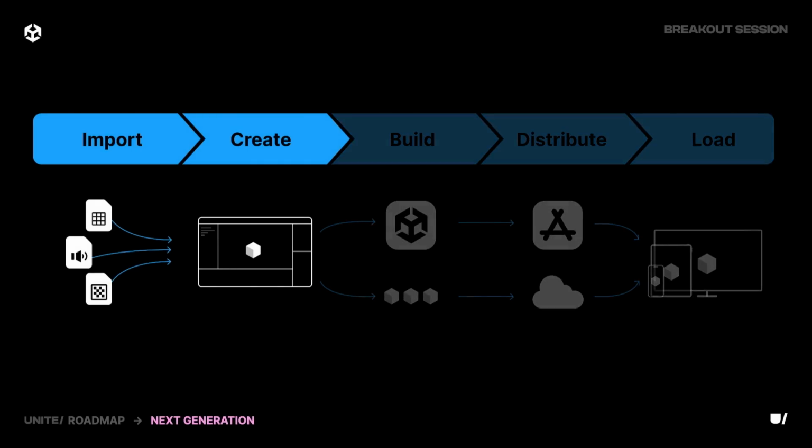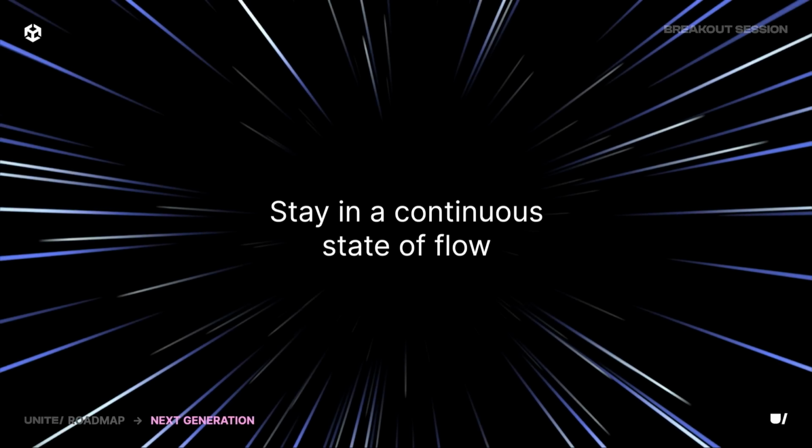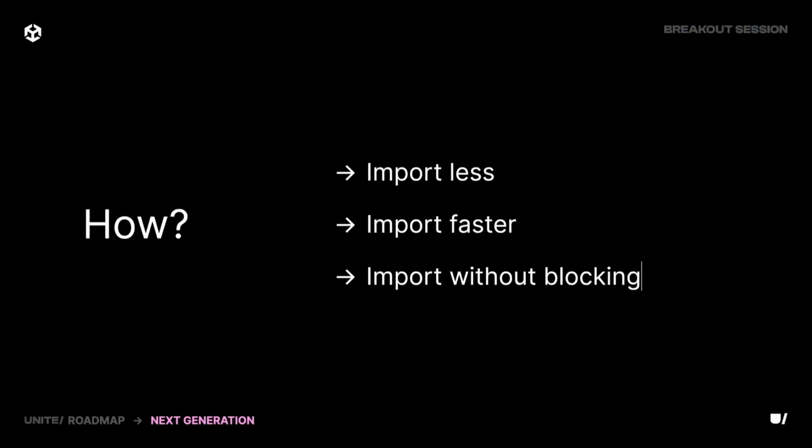Today, we're going to share one of the changes we're making to Unity's content pipeline: how and when content is imported. Our goal, as mentioned, is to always keep you in that continuous state of flow. Instead of being interrupted, we want you to iterate more and just focus on making the best possible game. And we'll do this in 3 ways: by importing less, by importing faster, and importing without blocking the editor.